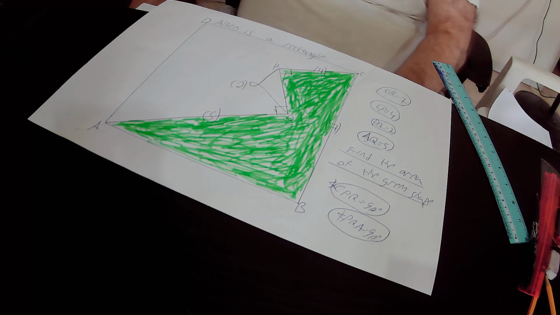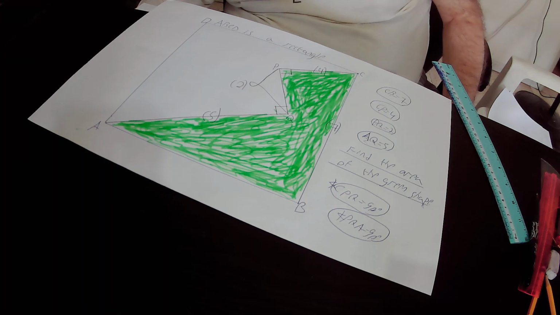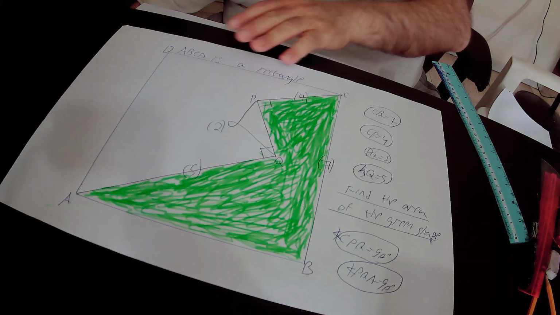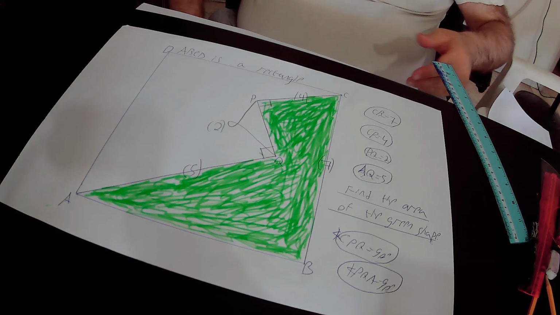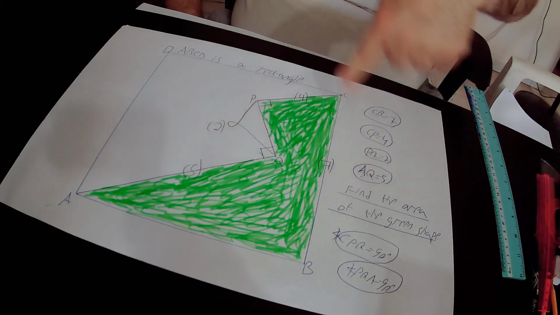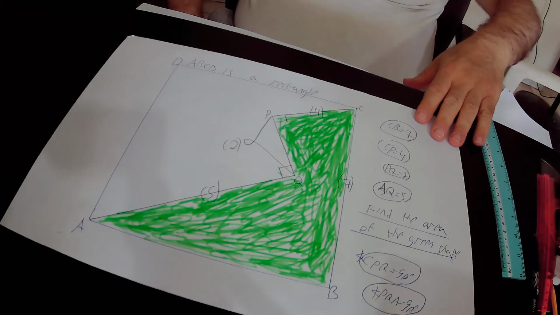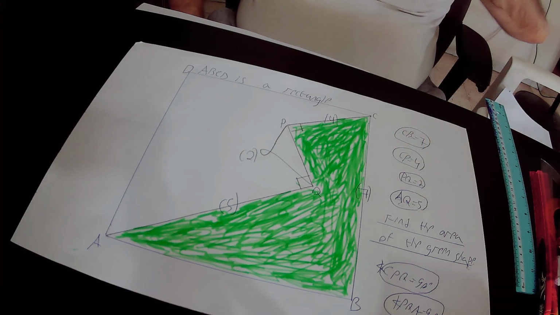In the second question, our mission is to find the area of this green shape. So, in the drawing, we have rectangle ABCD. We know that side CB of rectangle ABCD equals 7 units in length.